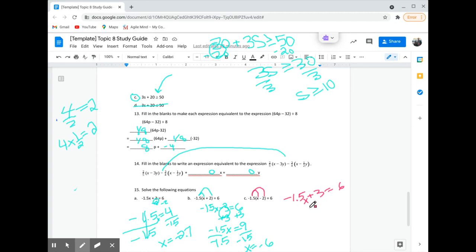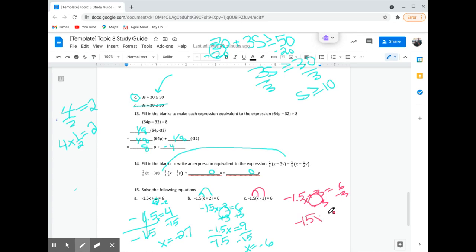So how do I get negative 1.5x by itself? No. To get negative 1.5x by itself, what do we always make first? A what pair? 0 pair. So what do I need to add to 3 to make it a 0? Negative 3. There we go. Good. What's 6 minus 3? 3. Good.